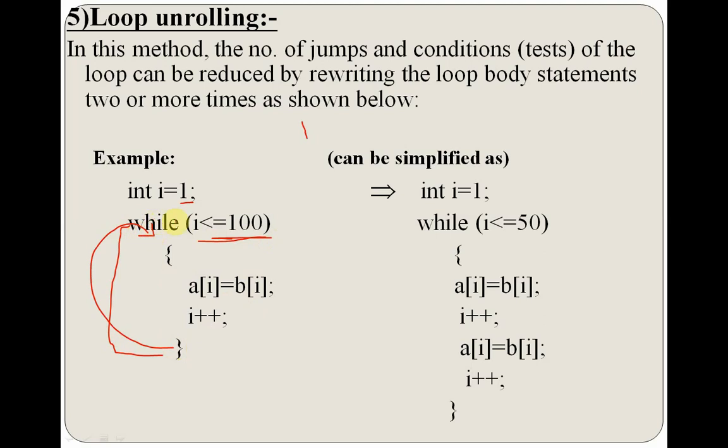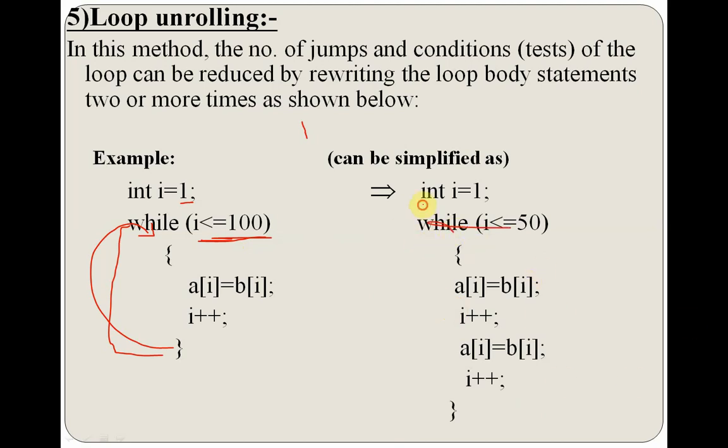So verify the condition, again true, then execute the body, again transfer the control to the starting of the loop. Like this the loop condition is verified 100 times. So I can modify this loop statement so that the loop condition statements will be reduced, and jump statements will also be reduced.